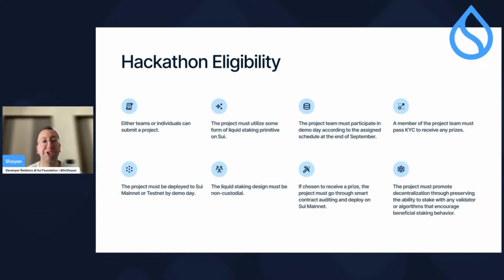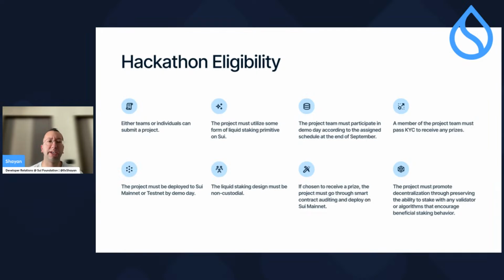If chosen to receive a prize, the project must go through smart contract auditing and deploy on Sui mainnet. This is a big thing I want to talk about a little bit more. Other hackathons, even ones hosted by us, the stakes were not that big.